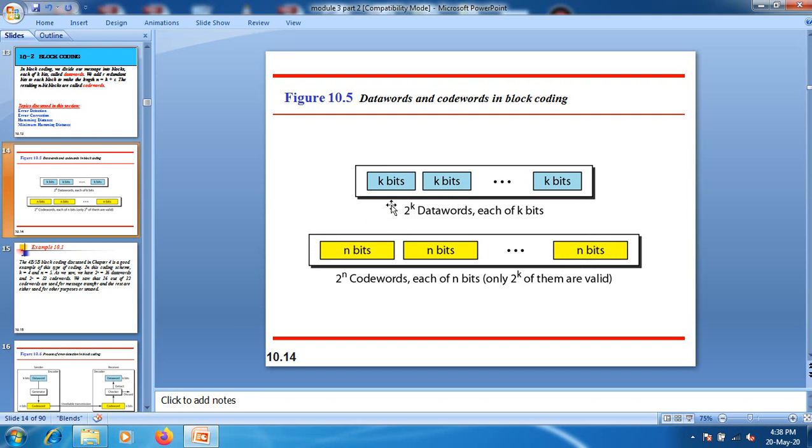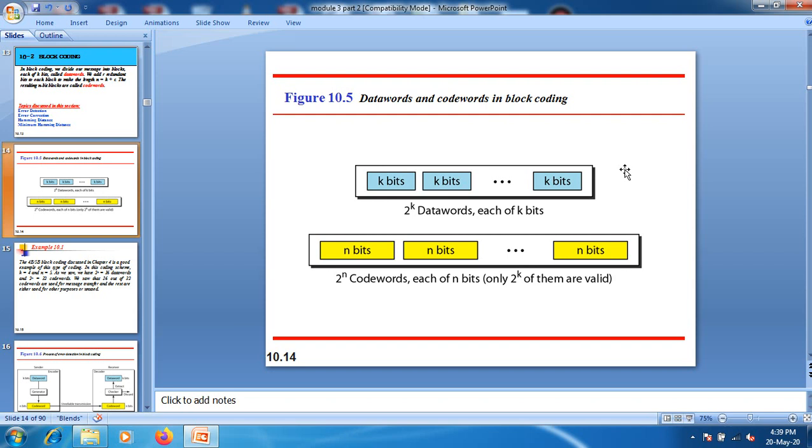In the sense, these data words mapped onto these 2 to the power k valid code words, and the remaining 2 to the power n minus 2 to the power k code words become the invalid ones. Getting my point? These 16 data words are mapped onto these 16 code words here.